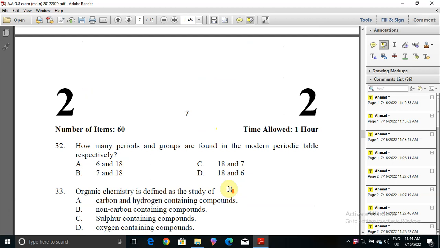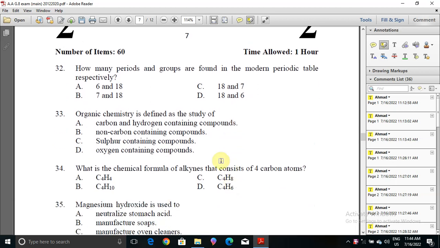Now in question number 32, how many periods and groups are found in the modern periodic table respectively?